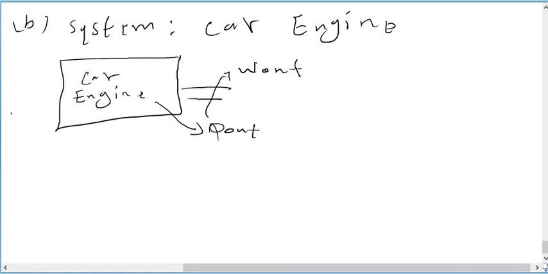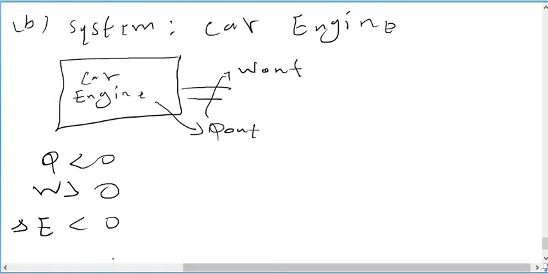So the heat is released by the engine, so heat is less than 0, and the work is done by the engine, so work is greater than 0. So that's the case. dE is what? It is Q, that is less than 0, minus work which is greater than 0, which is less than 0, by the first law of thermodynamics.